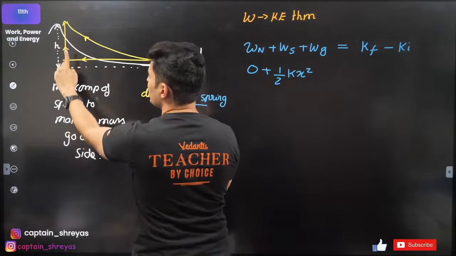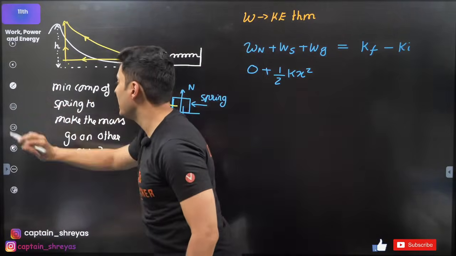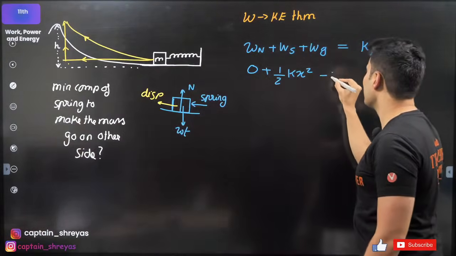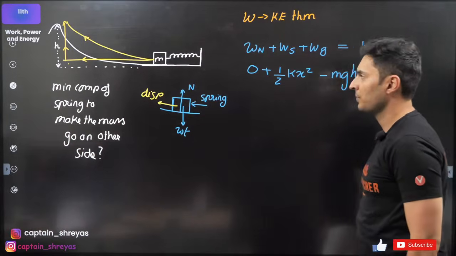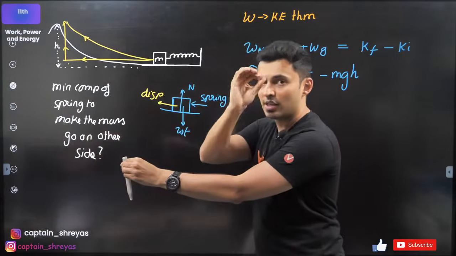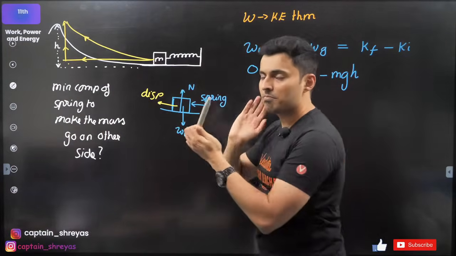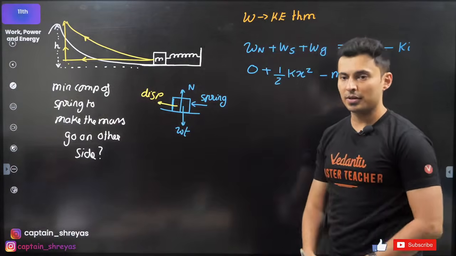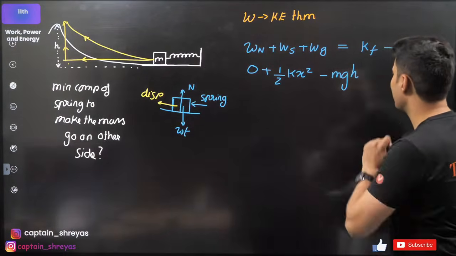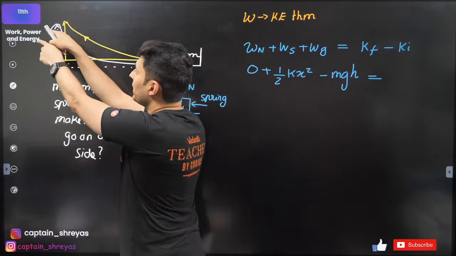Only in this direction, when you're going against gravity, it is going to do negative work, and that will be minus mgh. Here to here, gravity is perpendicular to the displacement, 0 work. When it is going like this, gravity down, displacement up, negative work. So minus mgh, and it has to just go to the other side.